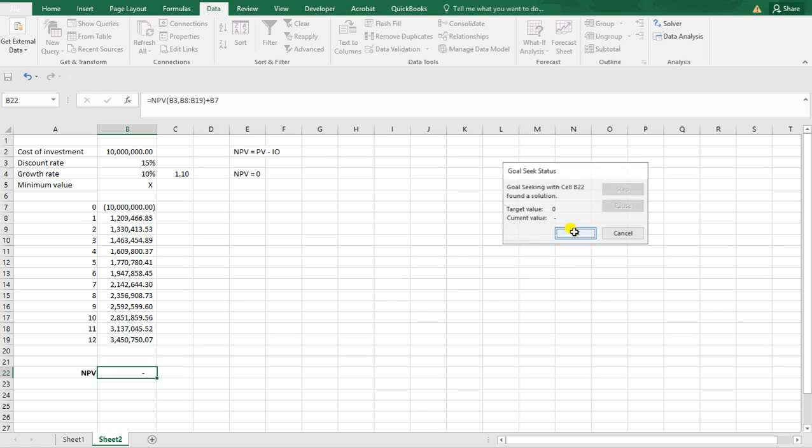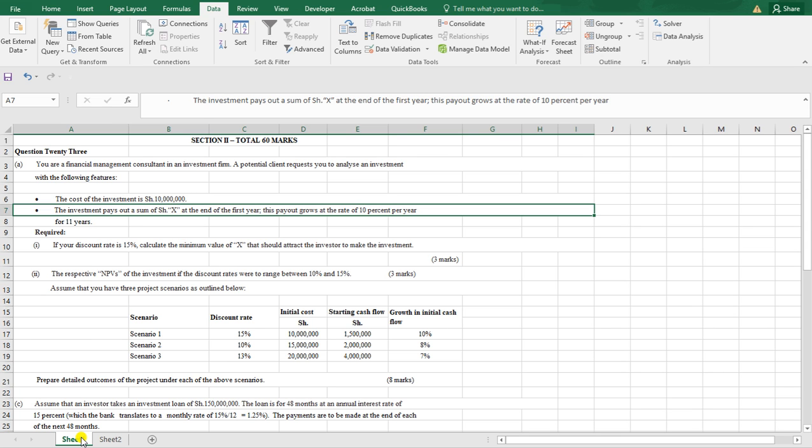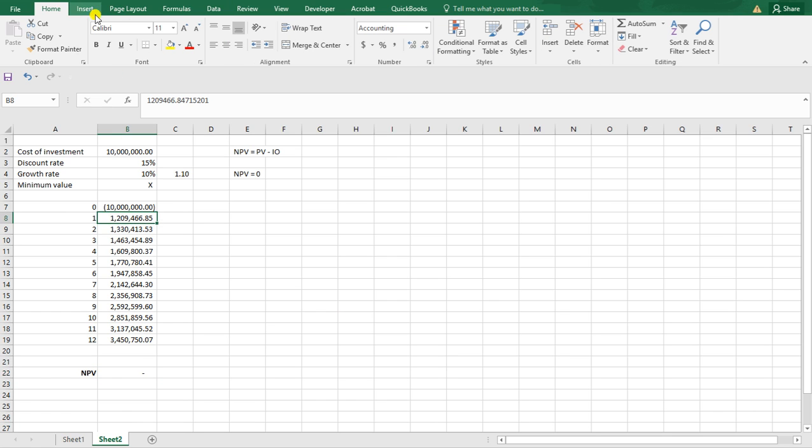So basically at this point, come back to our question here, where we were asked, if our discount rate is 15%, to calculate the minimum value of X that should attract the investor to make the investment. So the minimum value of X should be the minimum here, which is what? 1209. These are what we should be having as our minimum value of X that should attract this investor to make this investment.